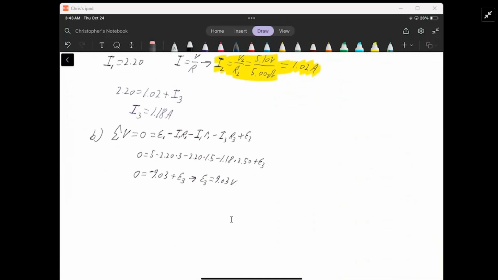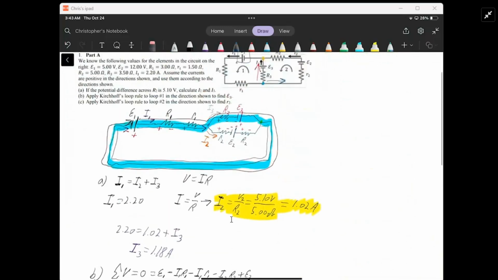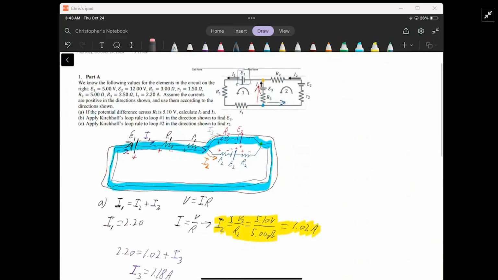So there's another loop that we can make. Before, we had only the top end of the parallel circuit. Now we're going to make the same Kirchhoff's loop, but we're only going to be looking at the bottom half.